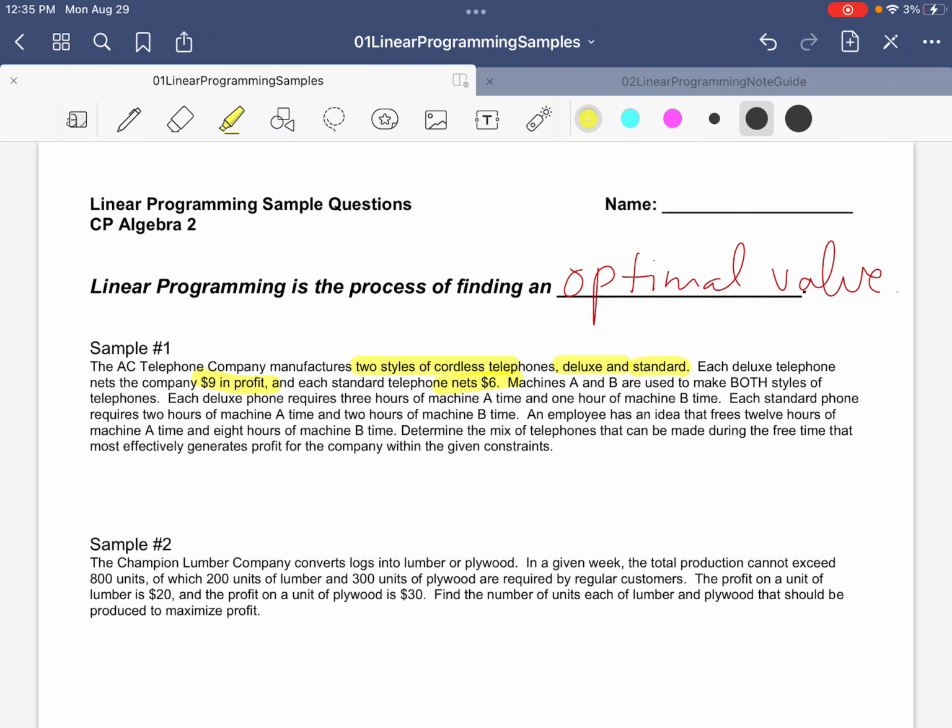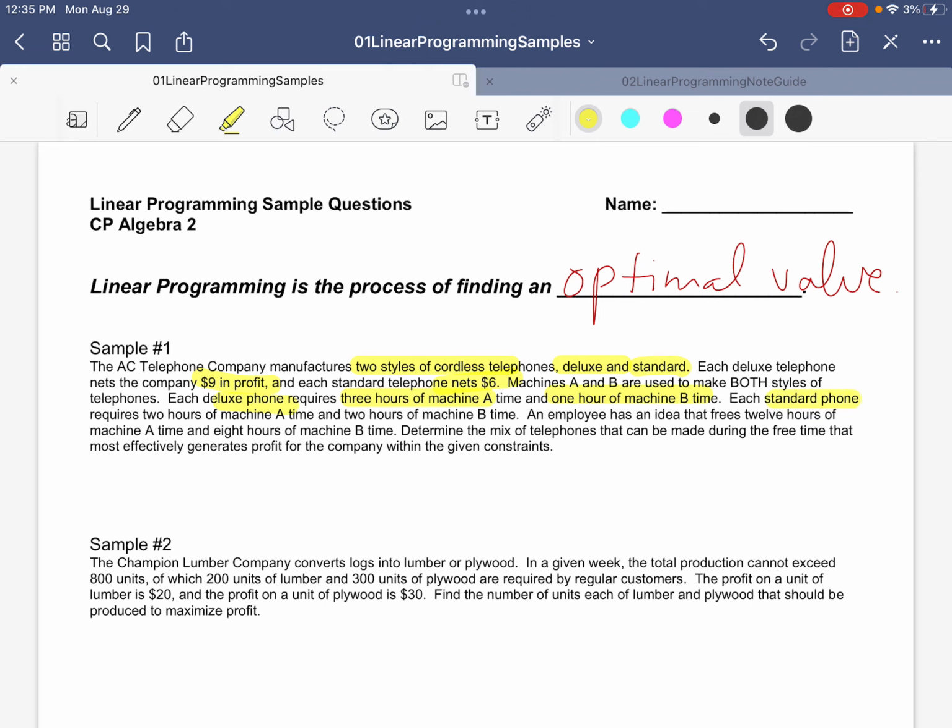But in any case, we've got two machines that make these phones. Now, a deluxe phone is going to require 3 hours of machine A time, but also 1 hour of machine B time. So maybe these two machines do different things to make a deluxe phone. And then we've got the same thing with a standard phone.